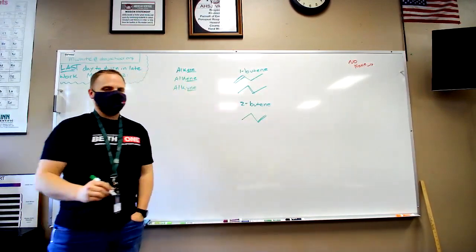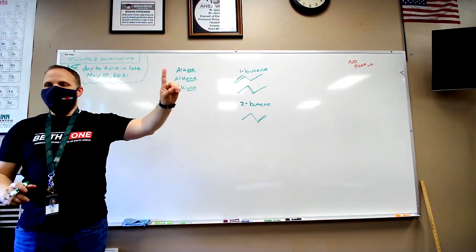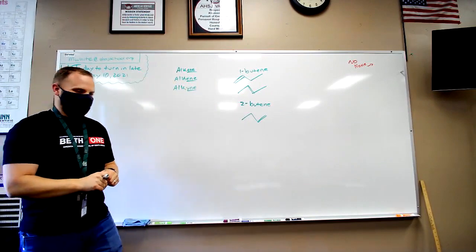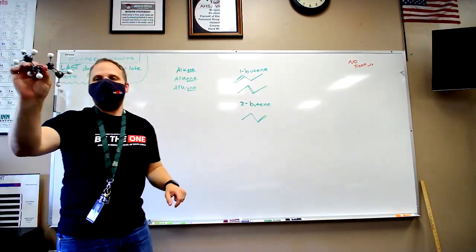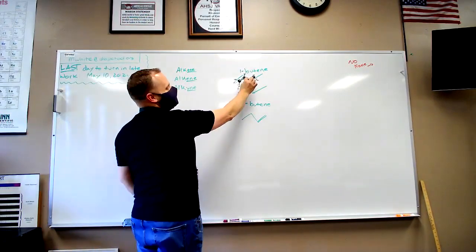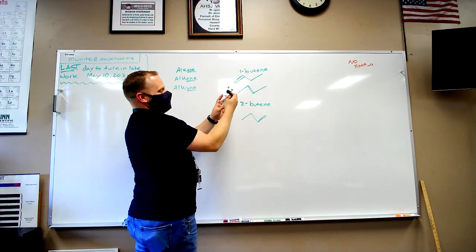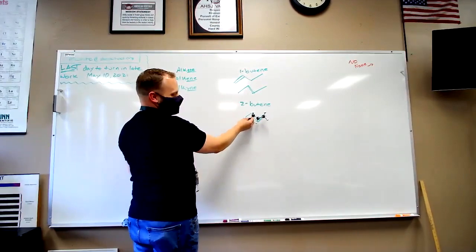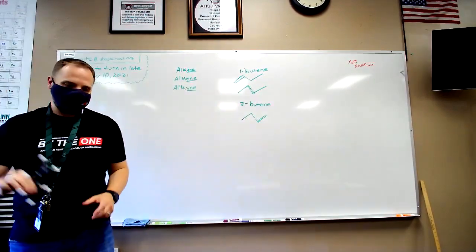What's that one? 1. Remember, you can count from the other side. So I have butene here. 1-butene. But if we flip it around, it's the same molecule, didn't change anything. Now it fits with that. It's still 1-butene.